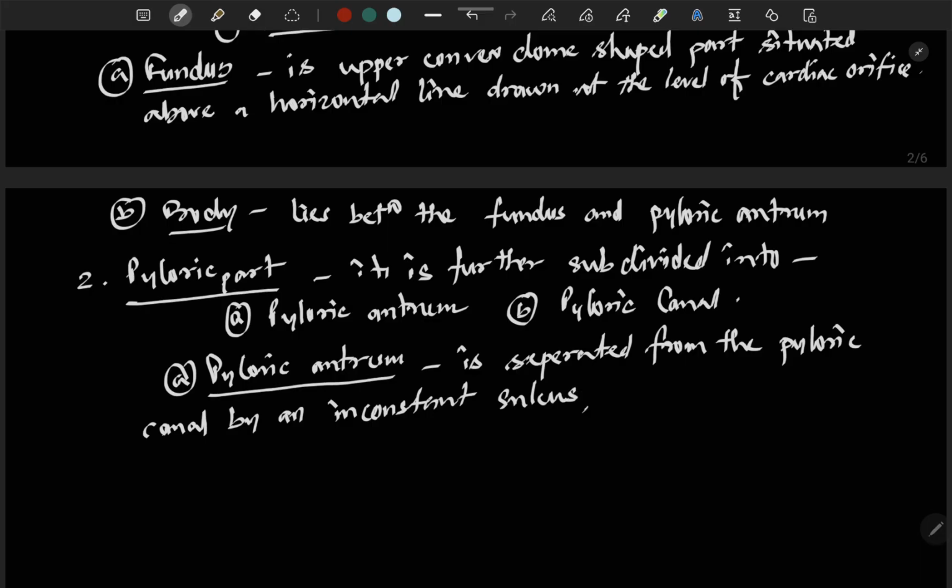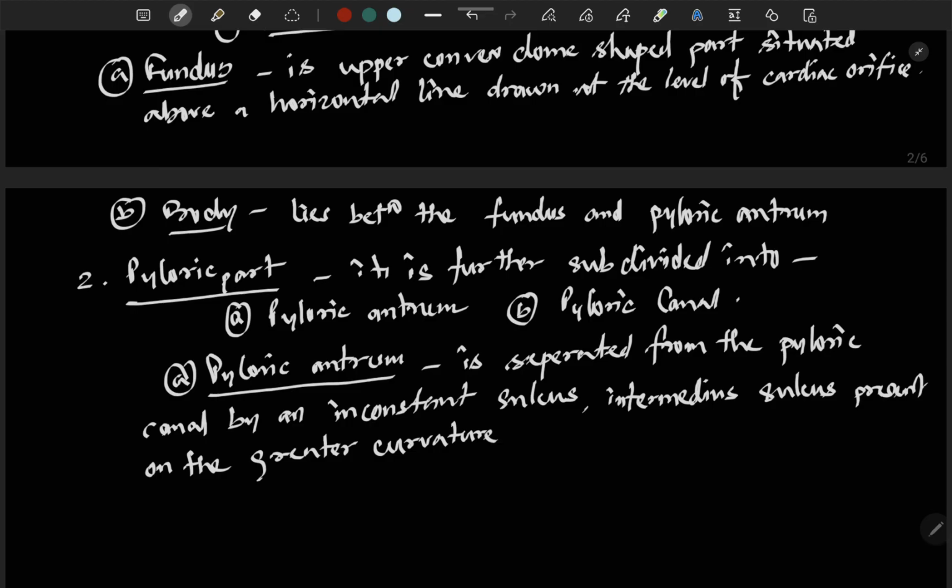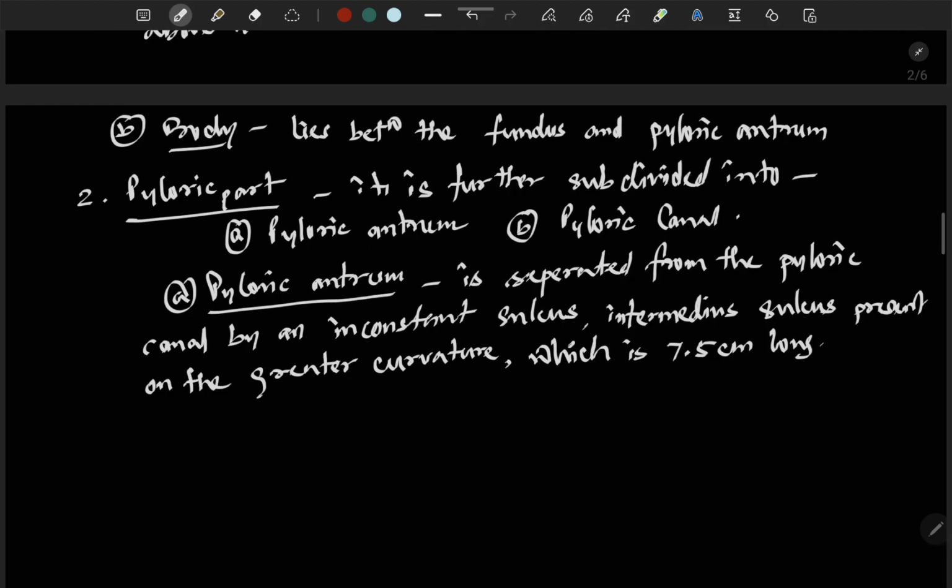The sulcus is known as the sulcus intermedius, which is present on the greater curvature, and the antrum is 7.5 centimeter long.